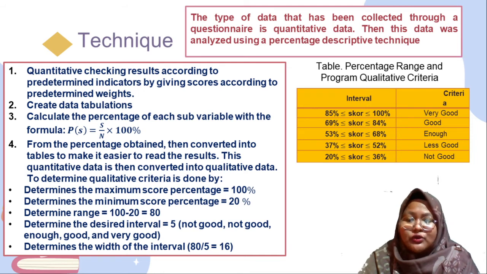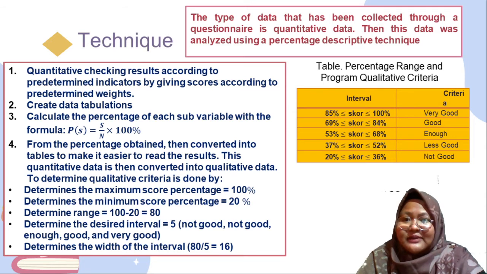The steps to analyze the data are, first, checking the quantitative results according to predetermined indicators by giving scores according to predetermined weights. Second, create the data tabulation and then calculate the percentage of each sub-variable with the formula P equals S divided by N, multiplied by 100%, where P is the percentage of the sub-variable, S is the total score for each sub-variable, and N is the maximum number of scores.